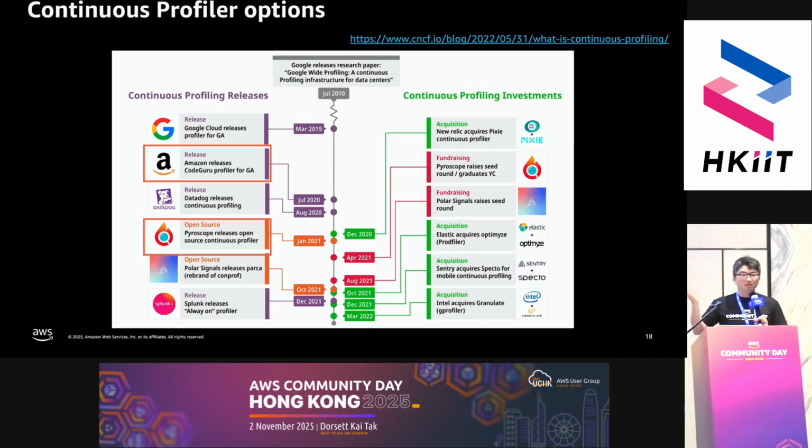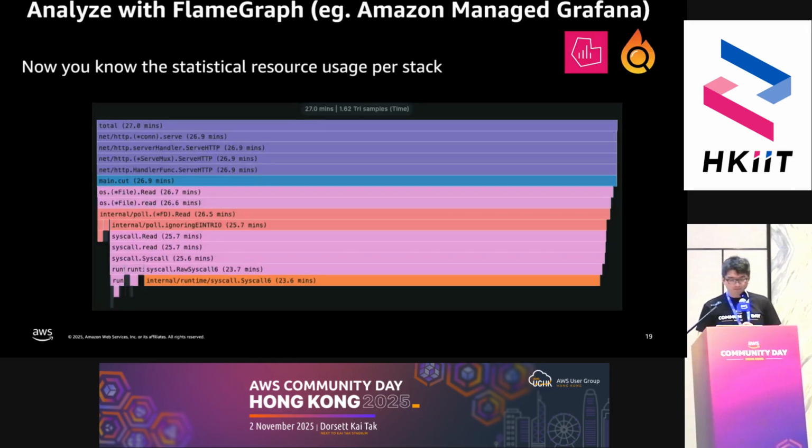So in both ways, you can use it. And if you're using other third-party observability solutions, then they have their own continuous profiler solution. Anything is fine, but the important information is that you can use the continuous profiler from today.